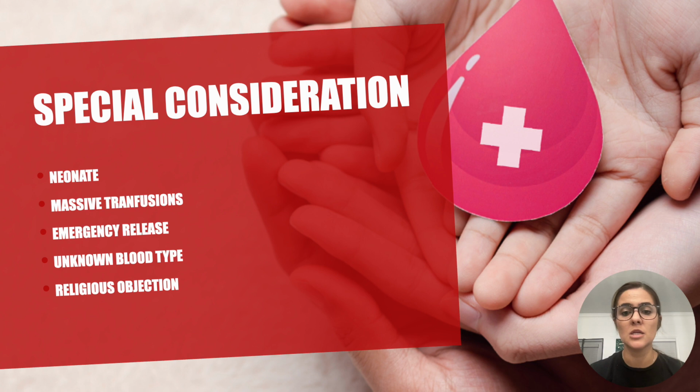Massive transfusions, each facility has their own protocol, but typically between 4 to 6 units are given, and that's of universal blood type O negative. I apologize, O negative red blood cells are given to massive transfusion patients. Then you have to be mindful that in a massive transfusion, when you're giving over 3 units, these blood products are preserved.